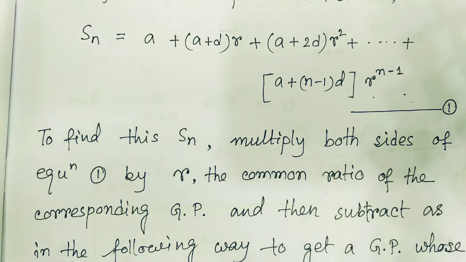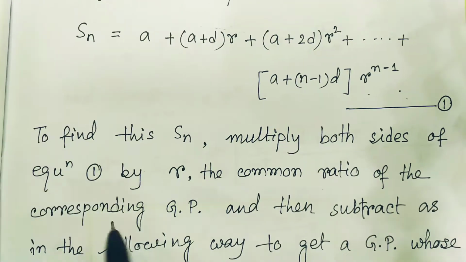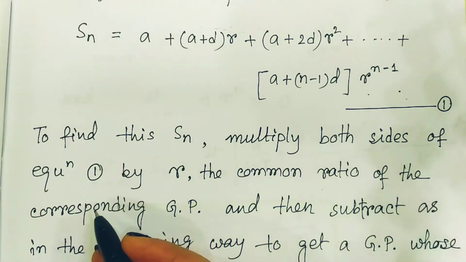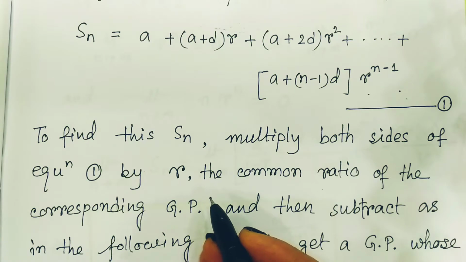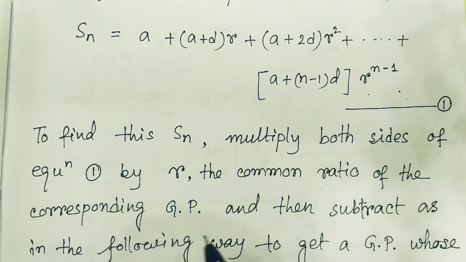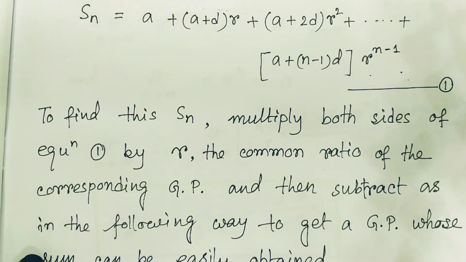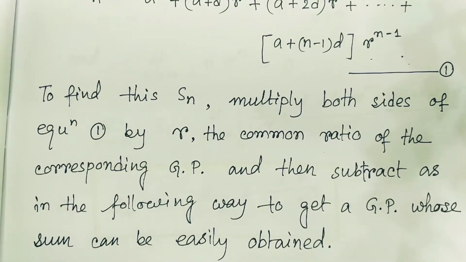If you want to find the Sn of any such series, then at first multiply both sides of the equation by R, the common ratio of the corresponding GP, and then subtract in the following way to get a GP whose sum can be easily obtained.